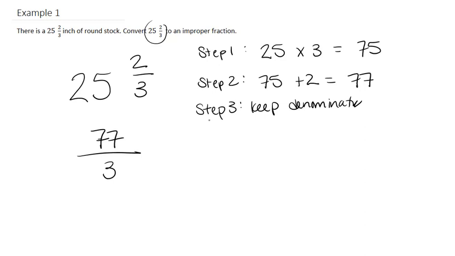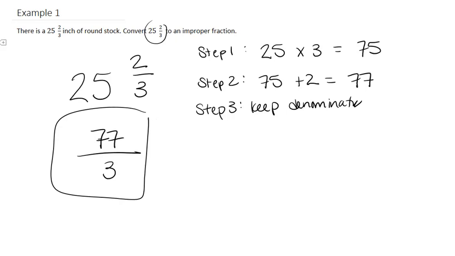Then step 4 would be to reduce if we could, but 77 does not have a factor of 3, so we can just leave it as is. We can't reduce, so this is our final step, and this is our improper fraction now.